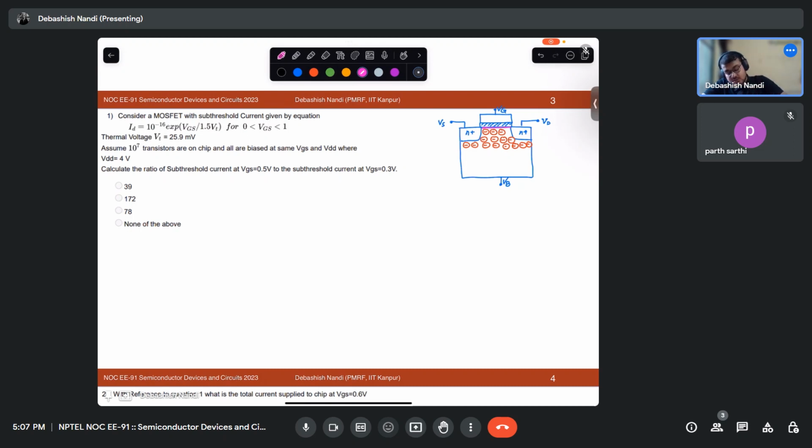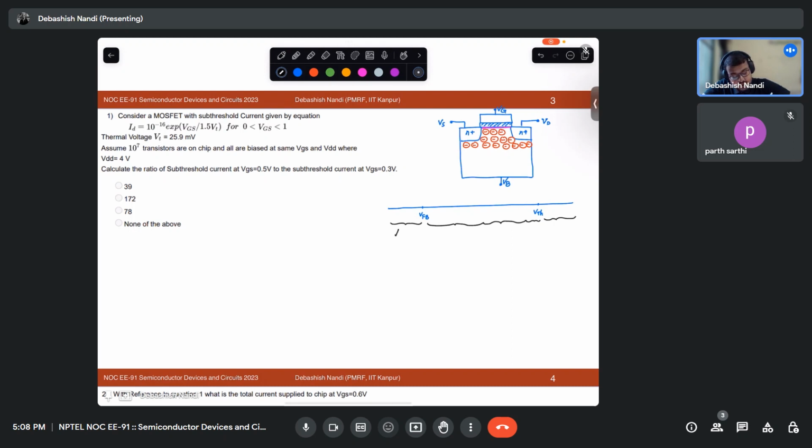If we see the voltage scale, let's say this is your VFB and this is your VTH. What do we call this region? This region consists of multiple regions.